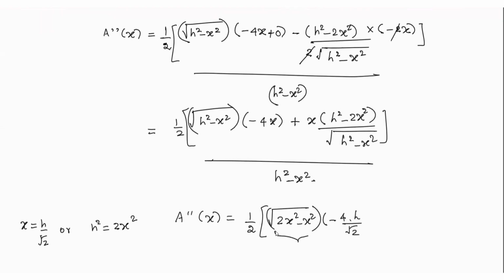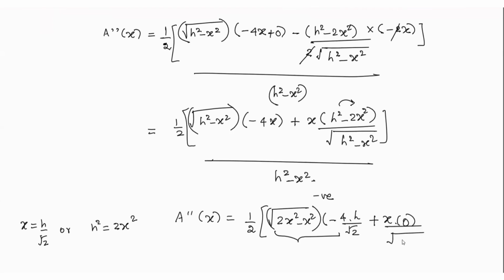So this value entirely becomes negative, plus x into h square minus 2x square. So that part, h square minus 2x square, becomes 0. The whole divided by root of h square minus.